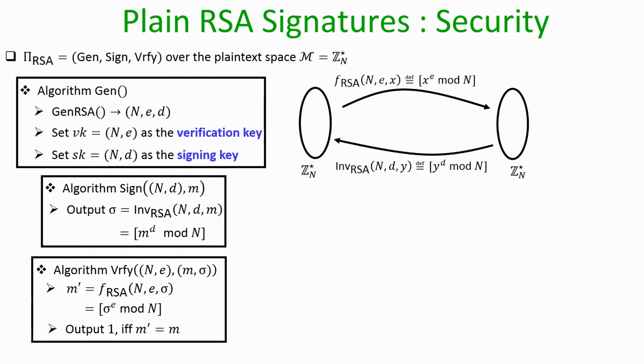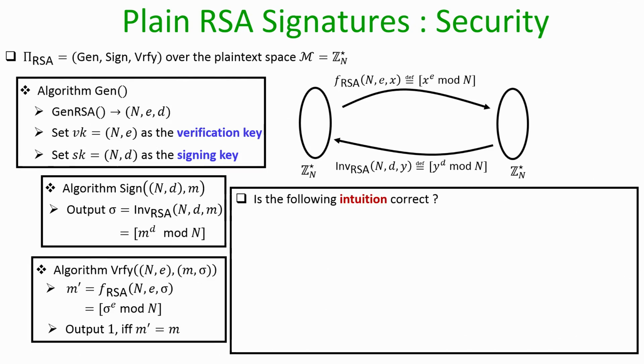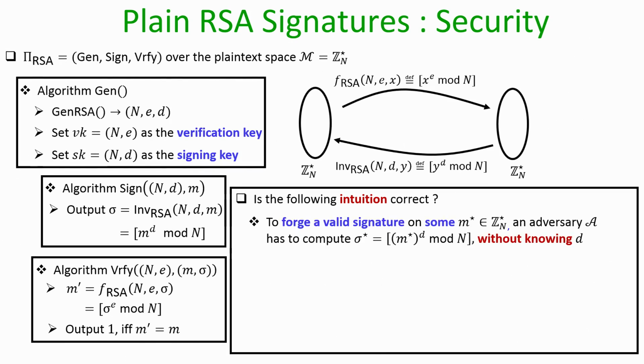So, now we want to analyze the security of this plain RSA signature scheme, and one might say that the following intuitive argument should prove that the plain RSA signature scheme is indeed unforgeable or secure. The argument is that if I am an adversary and I do not know the value of the signing key, namely the secret d, and my goal is to forge a signature on a message m star on which I have not seen the signature in the past, then I have to compute the value of m star to the power d modulo n, where I do not know the value of d.